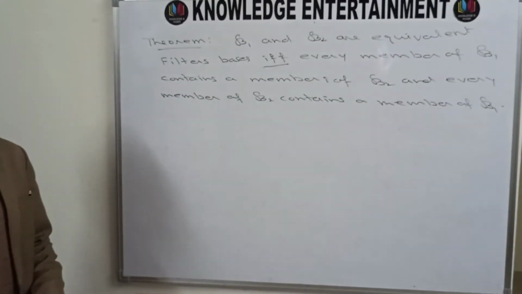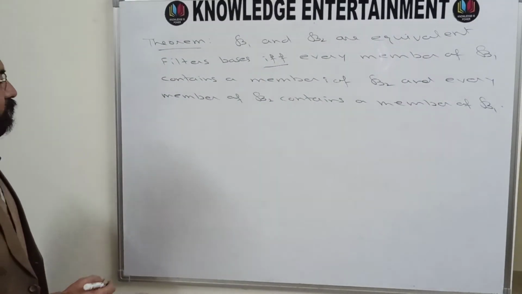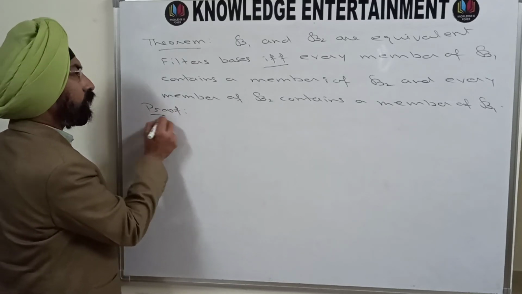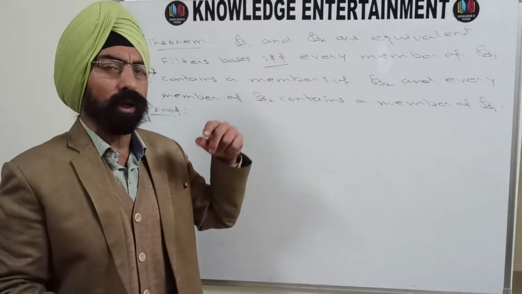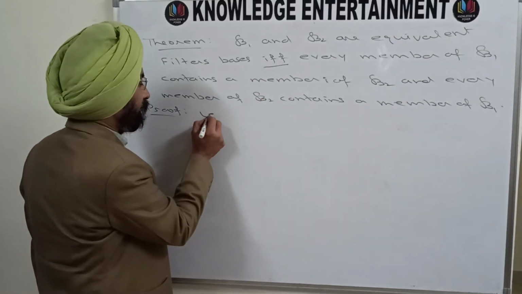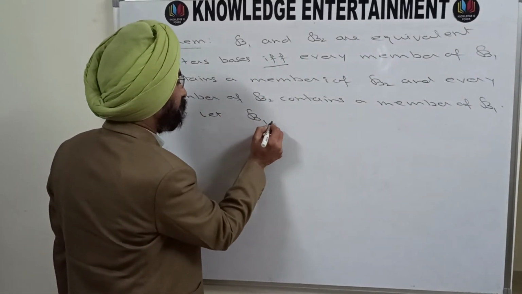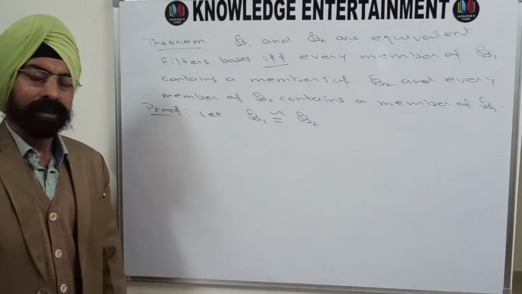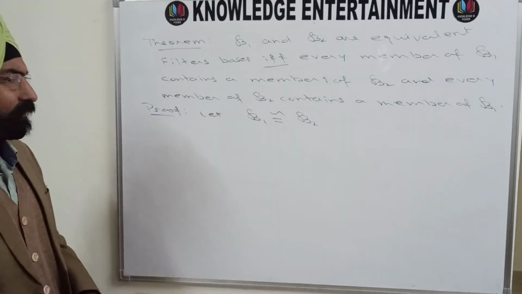So the converse part needs to be proved as well. Let us move on to the proof. First, suppose that B1 and B2 are equivalent bases. That means they generate the same filter.